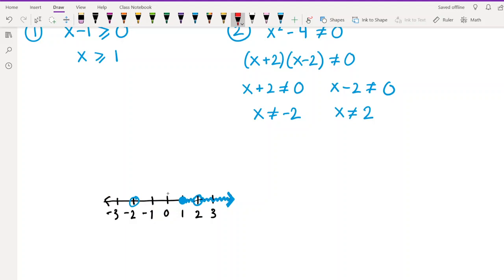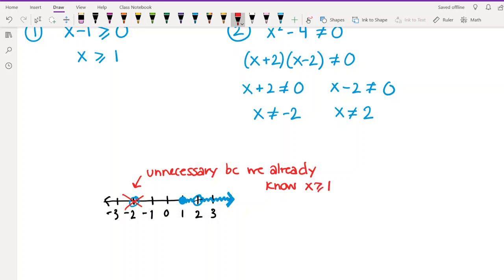And so we don't really need this circle here. I'll cross it out so that it's there in the notes. So this is unnecessary because we already know that x is greater than or equal to 1. So we don't need to worry about that.